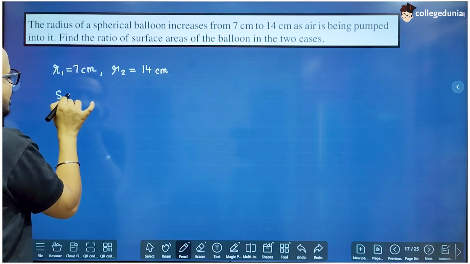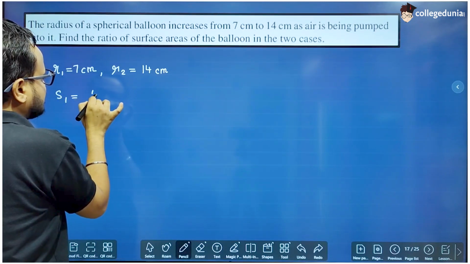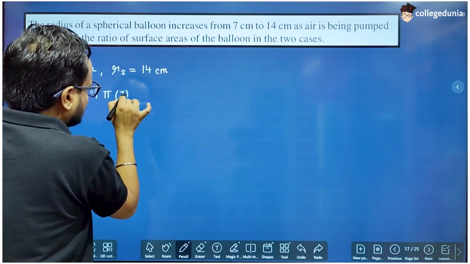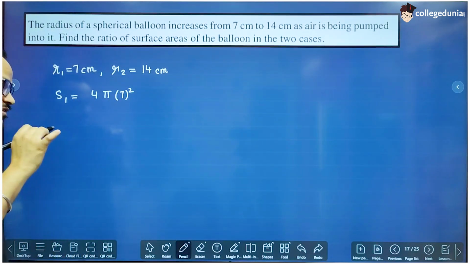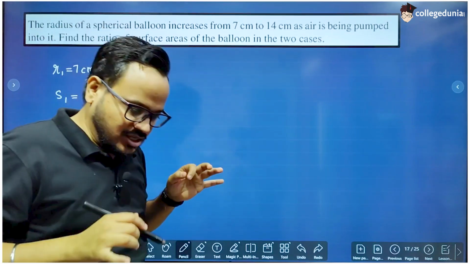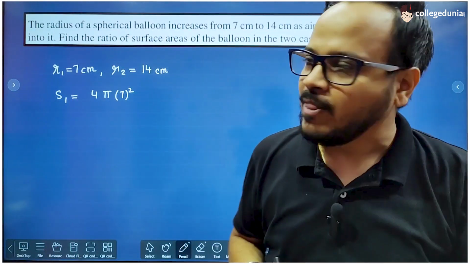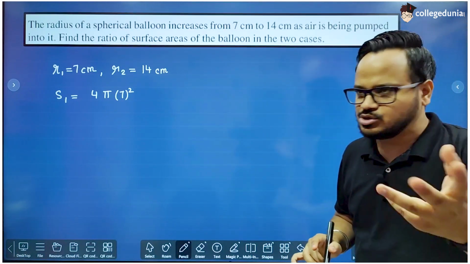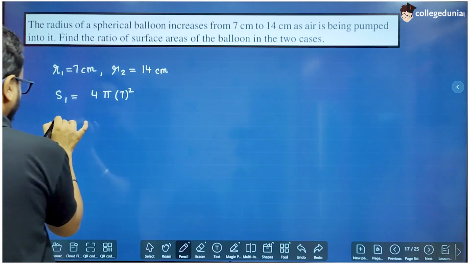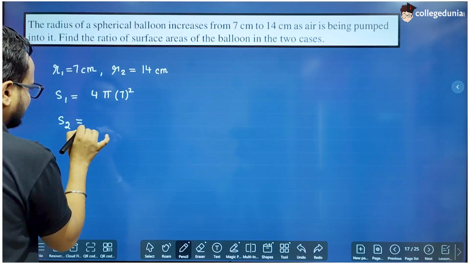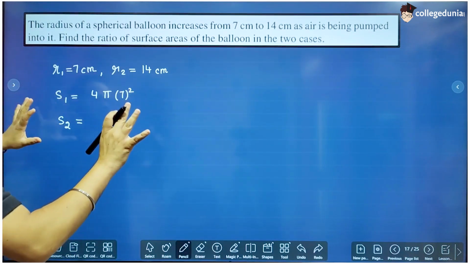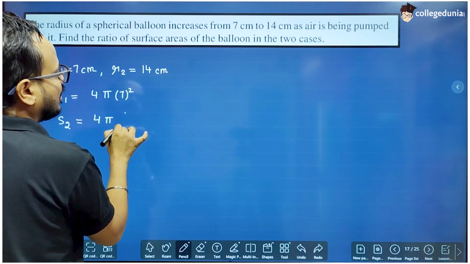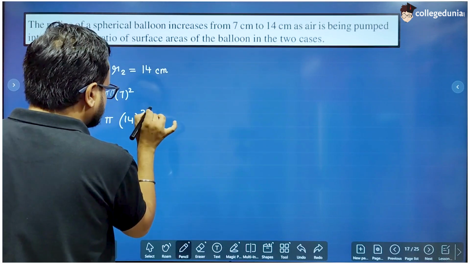So S1 is the initial surface area, which is 4 pi r square. We don't have to put the value of pi because in this case we have to find the ratio, and when finding the ratio pi will be cancelled out. Whatever the calculation is, we will do that in the final step. So S2 is 4 pi 14 square.